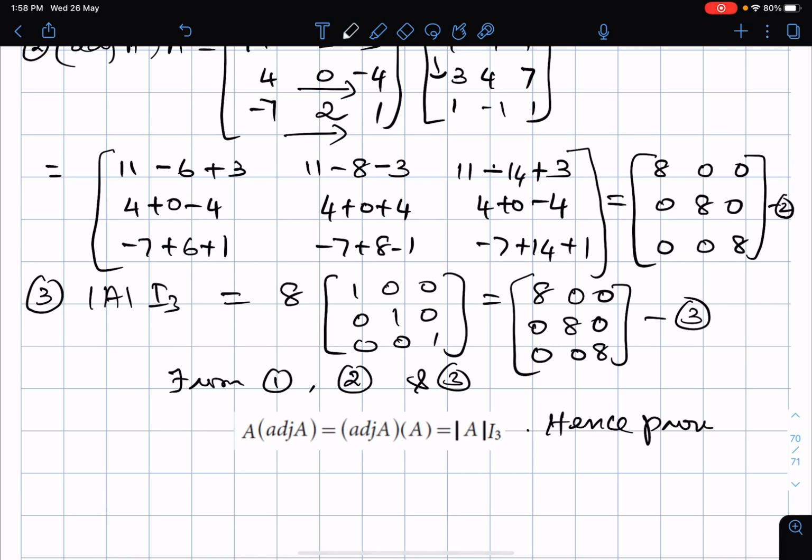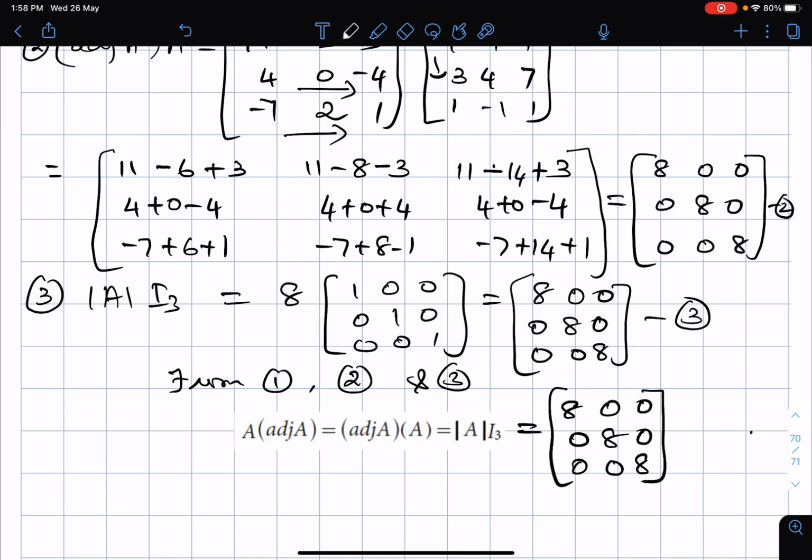So you have to write your result. And what is this actually equal to? We can write even that also. What did you get as answer? 8, 0, 0, 0, 8, 0, 0, 0, 8. This is the answer we got. Hence proved. Thank you.